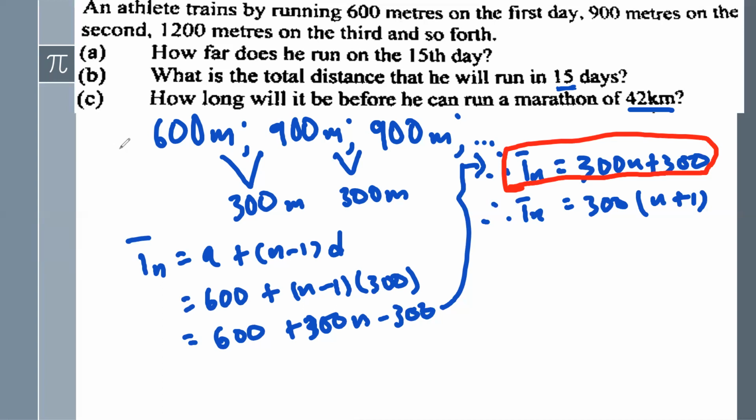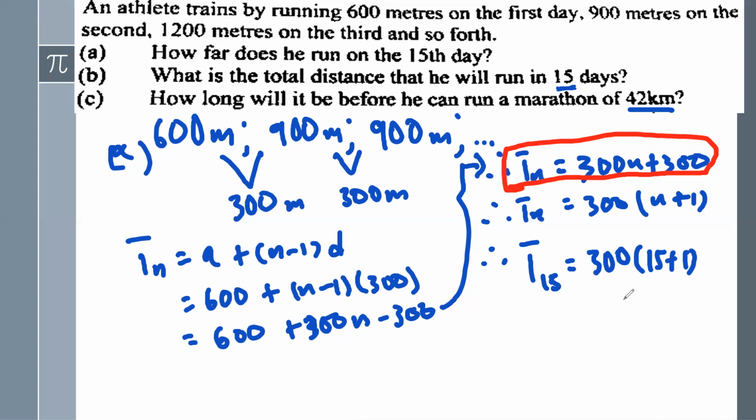So we have answered question A, actually in partial, not fully. So we must find T15. Remember here, we're not talking about the position of the term, we're talking about the number of days. So the days basically allude to the position of the term. So 15 plus 1 there, which is just 300 times 16.